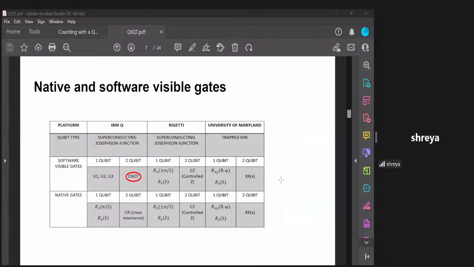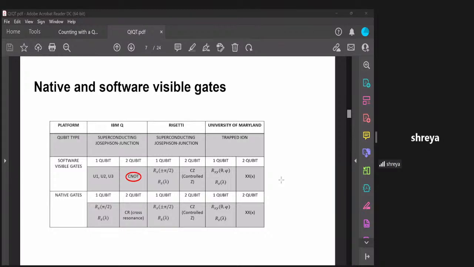And in Rigetti, there is a different kind of software visible gates and a different kind of 2-qubit gate. And for the trapped-ion, again, there is a different kind of 1-qubit software visible gate and a different kind of 2-qubit software visible gate. These are the gates that we use when we design a quantum algorithm and, quote unquote, implement it on the quantum computer. These are the gates that we use to build our circuit.